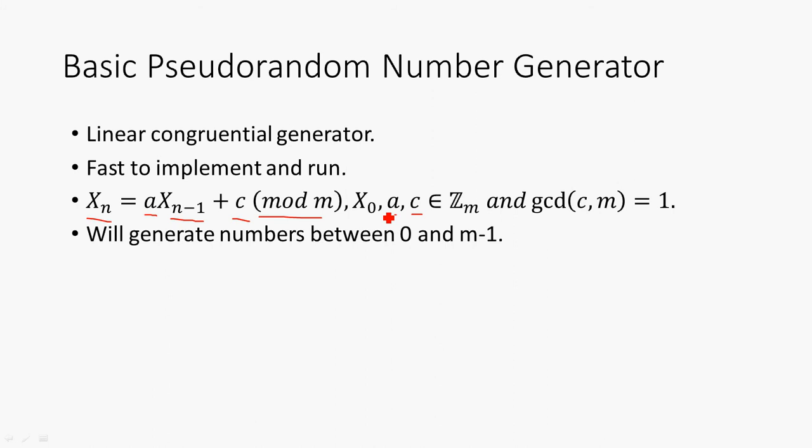As you can see, we have chosen a and c to be some integer modulo m. And also we have some initial condition x naught, which is also mod m. And we have to choose our c carefully so that the GCD of c and m is 1. Okay, so this will generate random numbers between 0 and m minus 1.